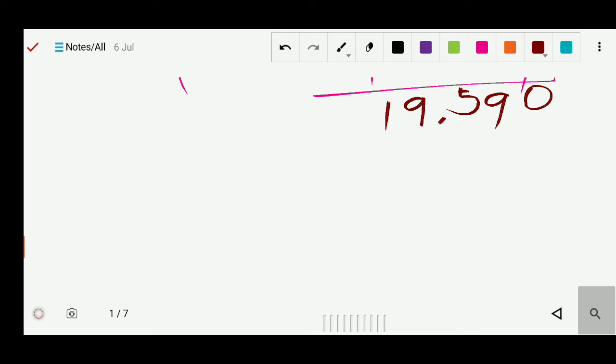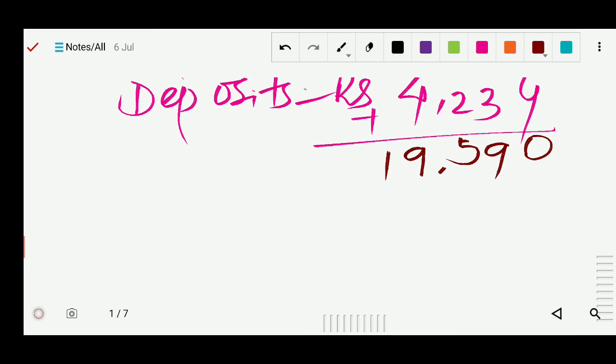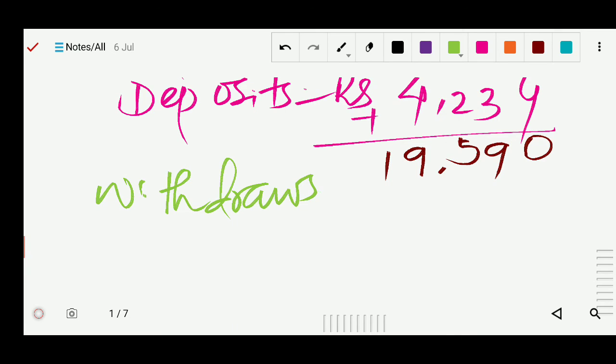Now he withdraws, meaning he takes out money, rupees 2,916.